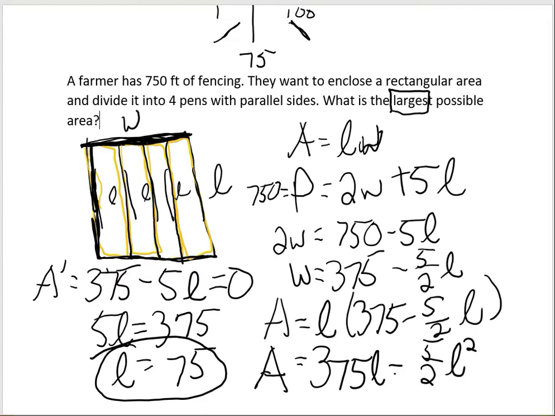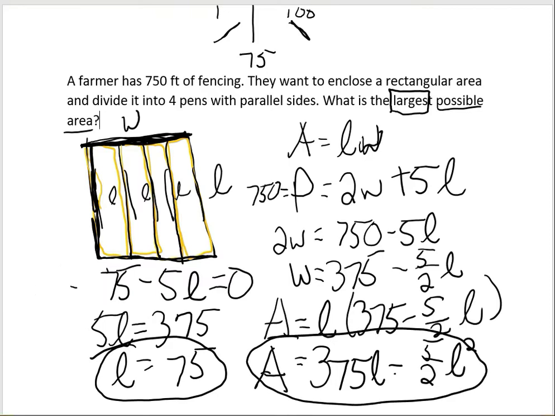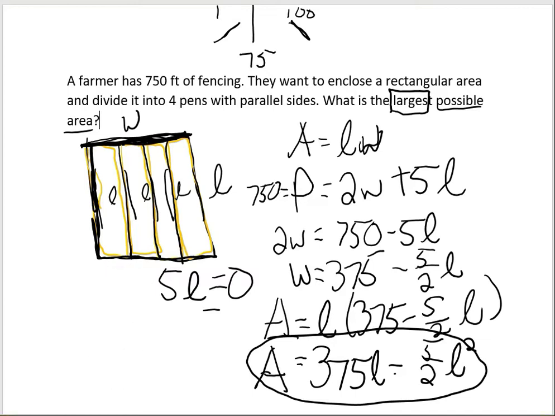But this problem asks, what is that possible area? So we need to go back to this formula and plug in L equals 75, and we'll get what that area is.